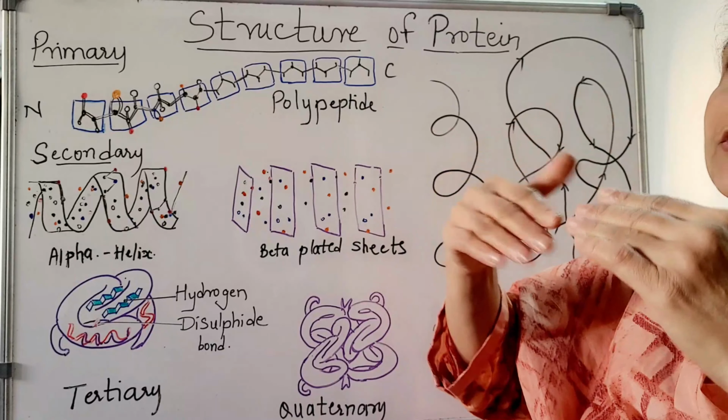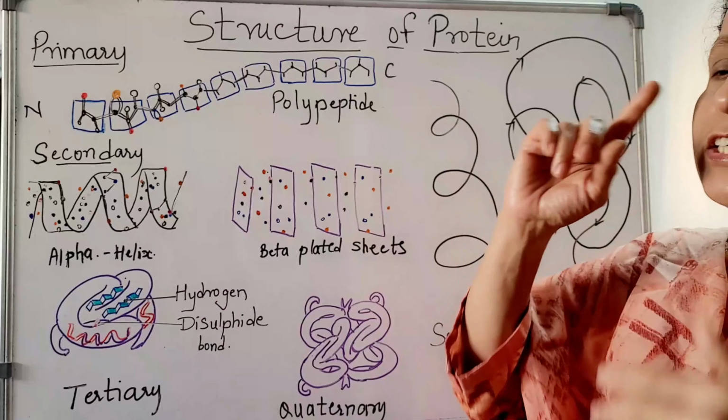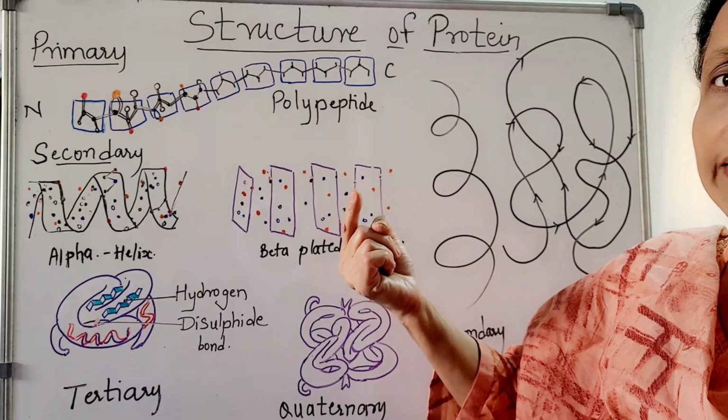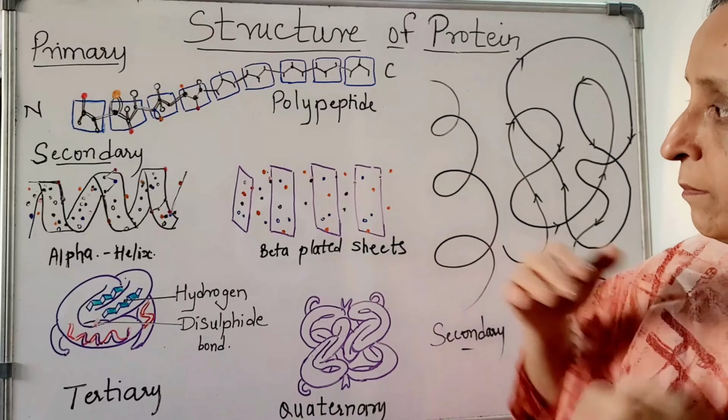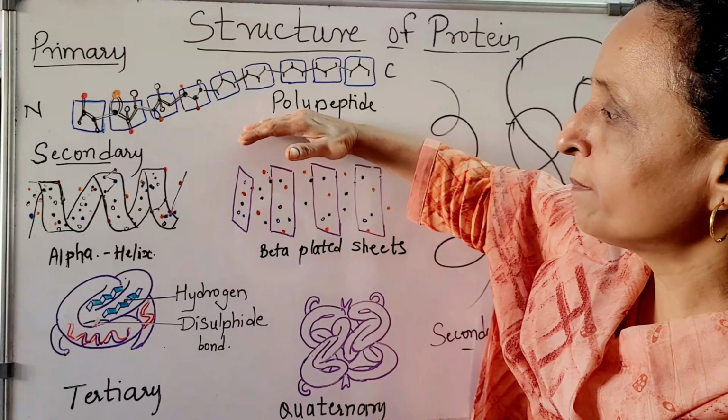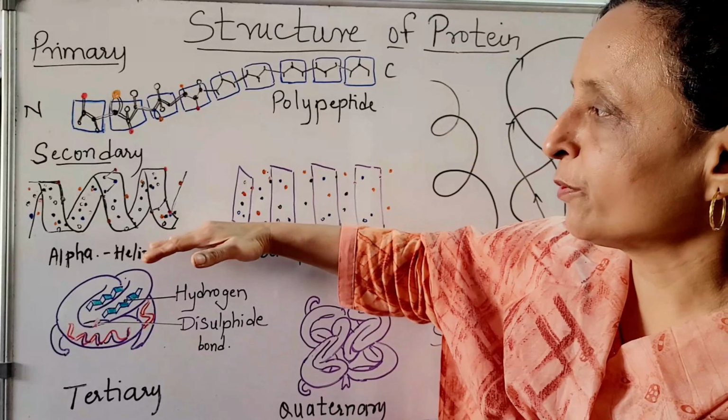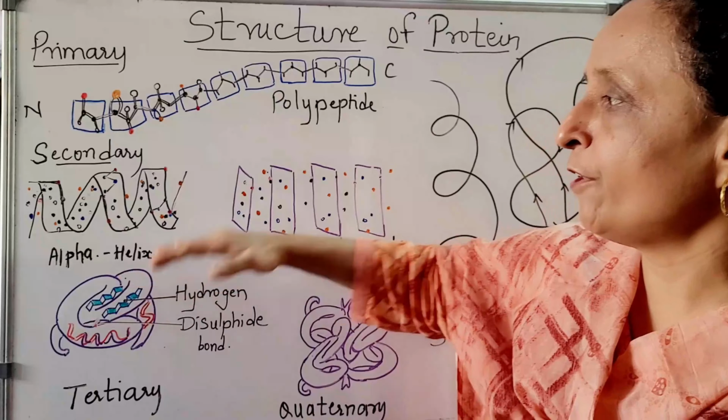They will construct into a helical structure like this or like this. You can imagine, it slowly becomes more complex. So this polypeptide chain arranged into a helix is the alpha helix, and here it is arranged in beta pleated sheets connected with the peptide bonds. So this is the secondary structure.